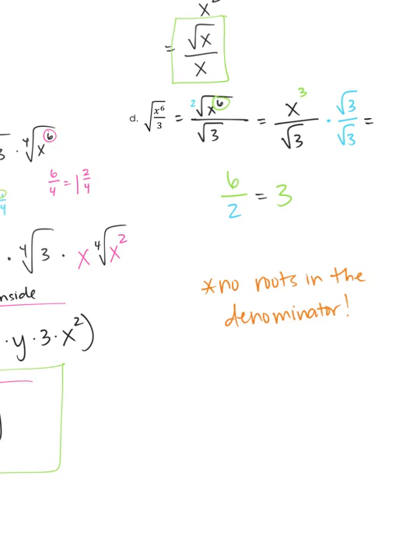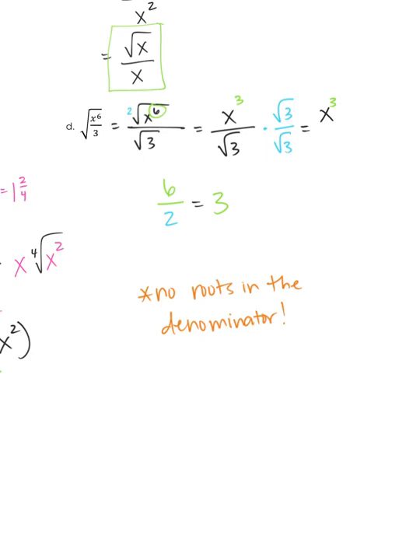So this is going to become x cubed, square root of 3, divided by, and the square root of 3 times the square root of 3, that's one of those that when you multiply the square root and they're the same, you can go ahead and write it as 3.